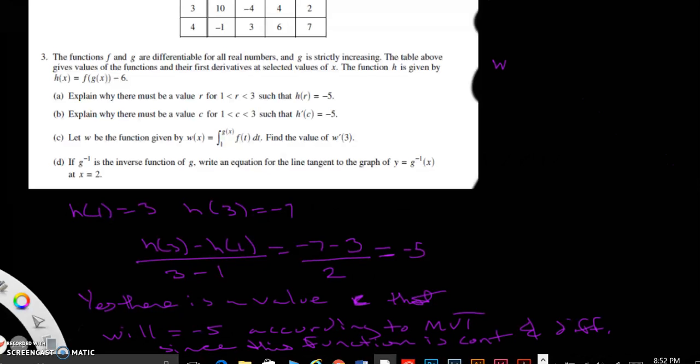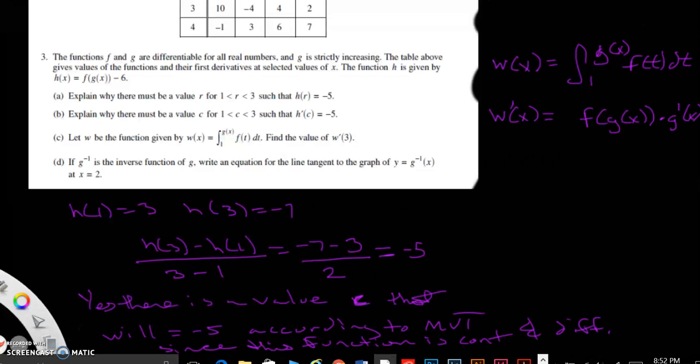Okay, so that's pretty easy. Now I want to know what w prime of x is. So w prime of x would equal f of g of x times g prime of x. This is the fundamental theorem of calculus, part 2, I believe. You take this, you plug it in, then you have to take the derivative of this.